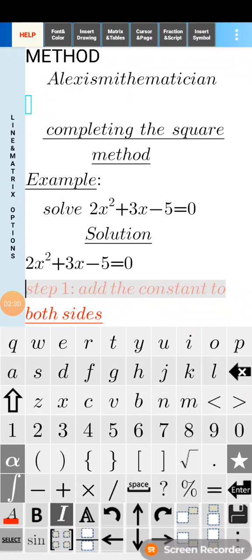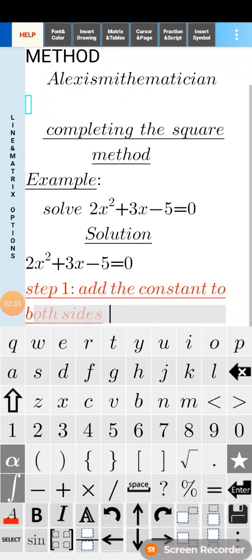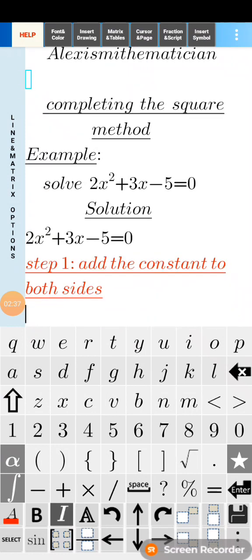Make heading. Now step 1 is add the constants to both sides.